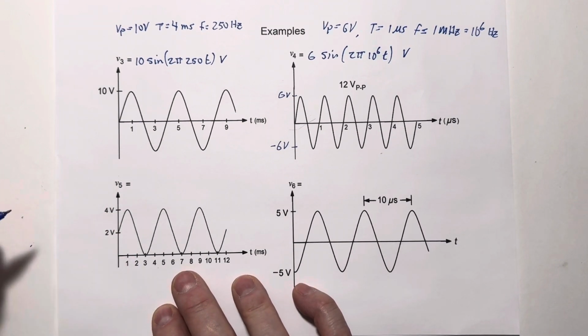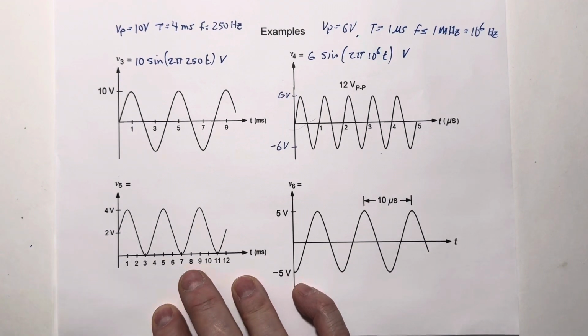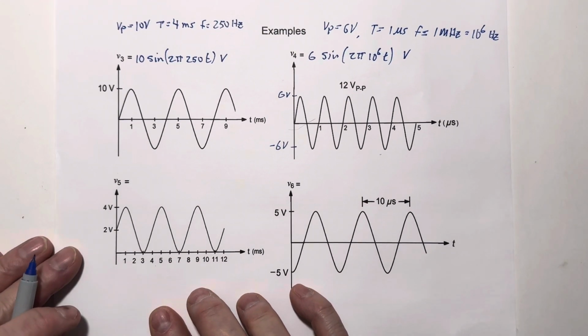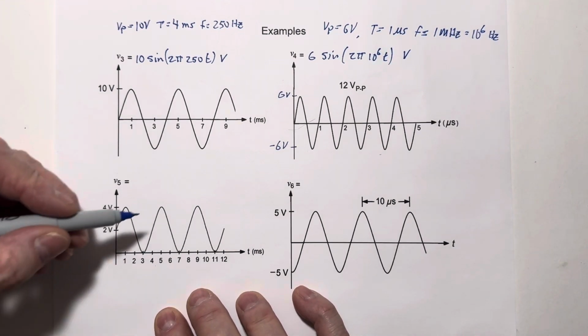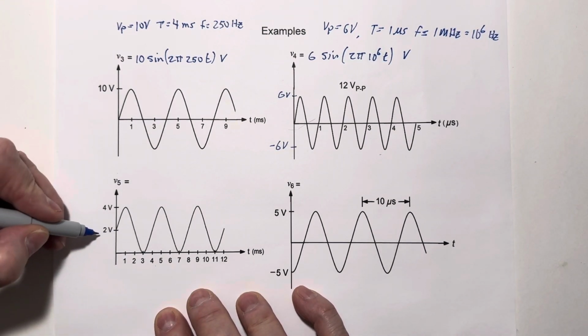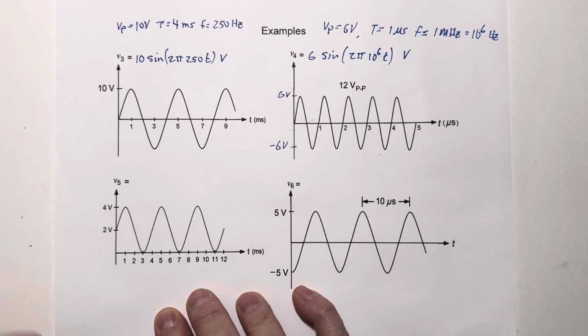We've got a sine wave, but it's riding on a DC level, so it has a DC offset. Well, that's not really a problem. We can just tell by looking at this one that the DC level is 2 volts, and the peak amplitude of the sine wave is also 2 volts.